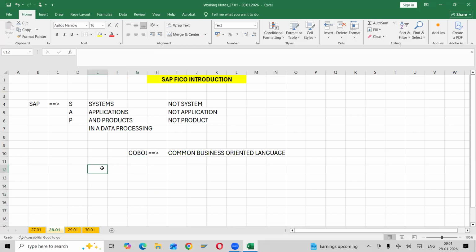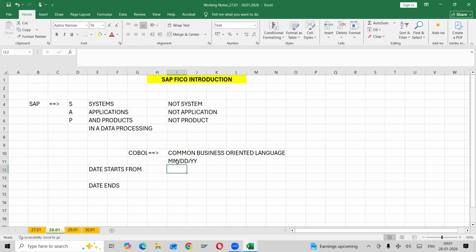The programming language was designed in such a format for dates: they designed it in DD, MM and YY. That's it.